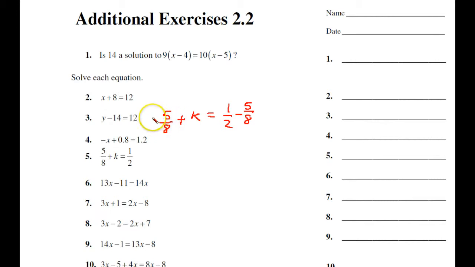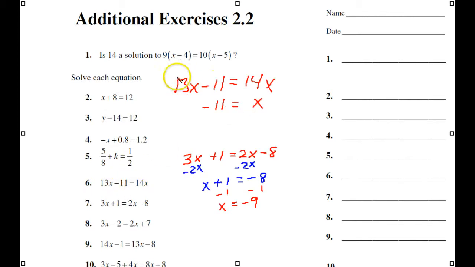In fact, a method I'm going to introduce is that we take a term from one side and move it to the other. We just change its sign, which is like subtracting from both sides. So this then becomes k equals, now we have to have common denominators here, and this will become 4/8 minus 5/8 would leave us with a negative 1/8.